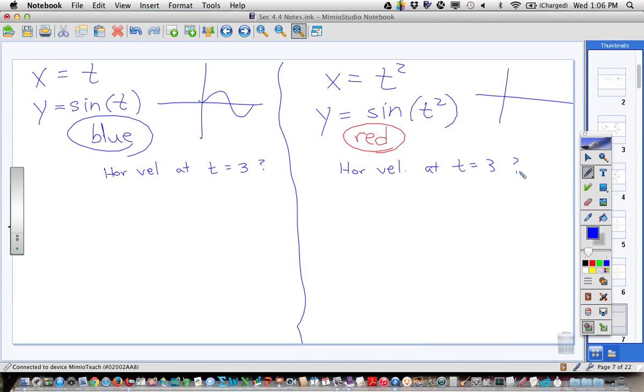What would be the horizontal velocity at t equals 3? Write down what you think. Now remember, they're at different places, right? Not that that matters to you when you're calculating this.